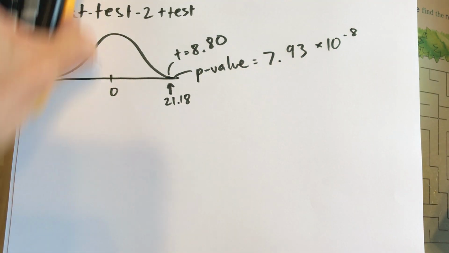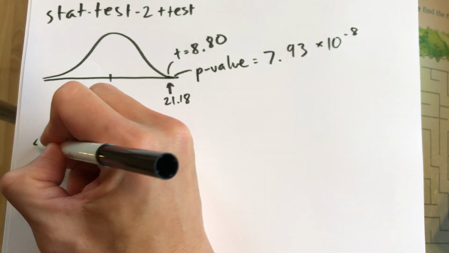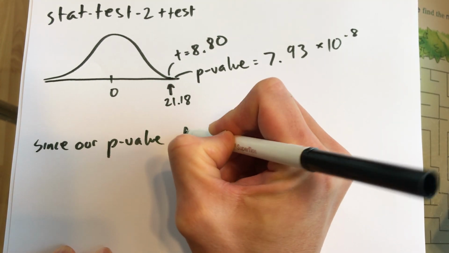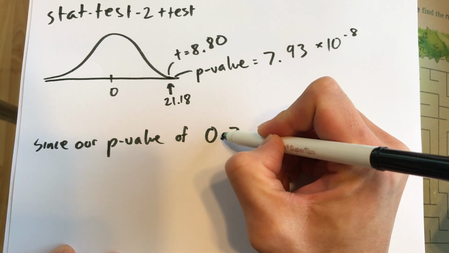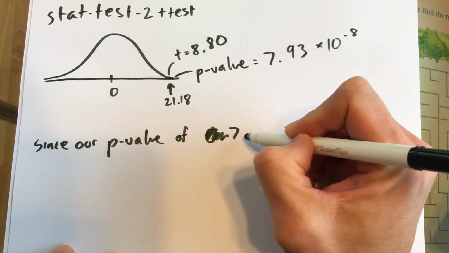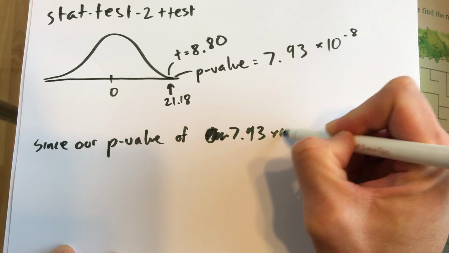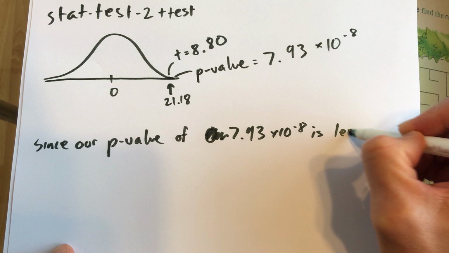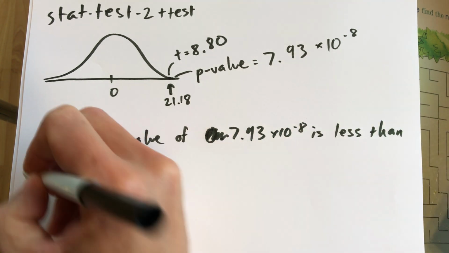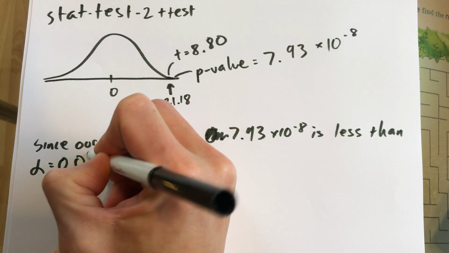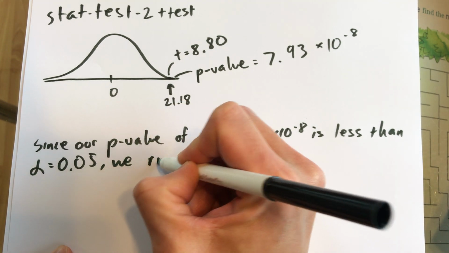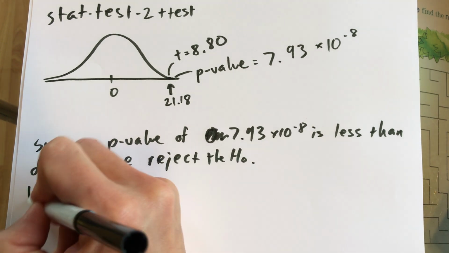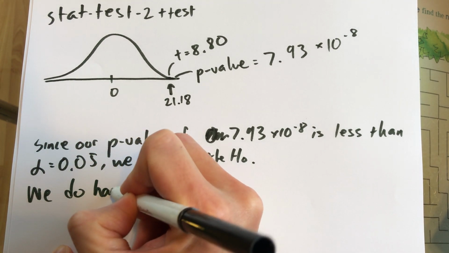All right, so now let's write our conclusion. Since our p-value of 7.93 times 10 to the negative 8 is far less than our alpha of 0.05, we surely reject the null. Okay, we do have evidence.